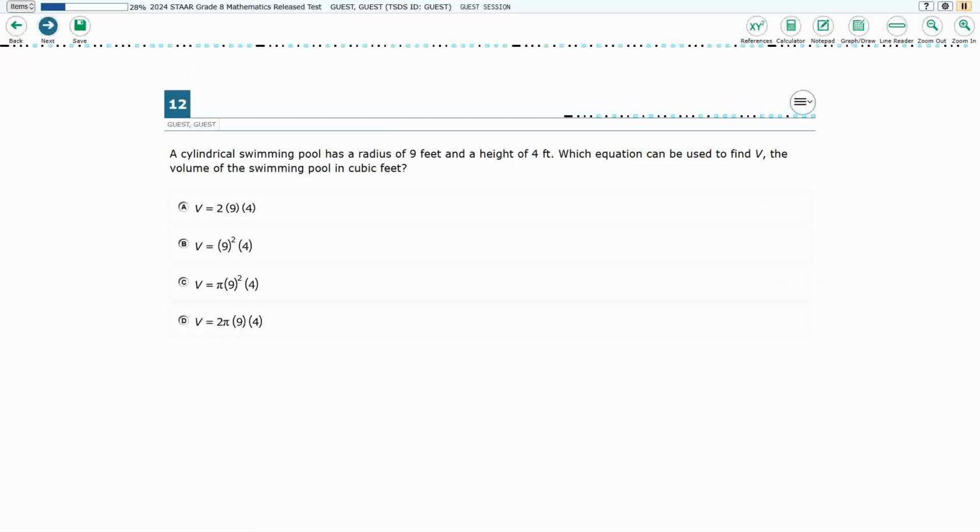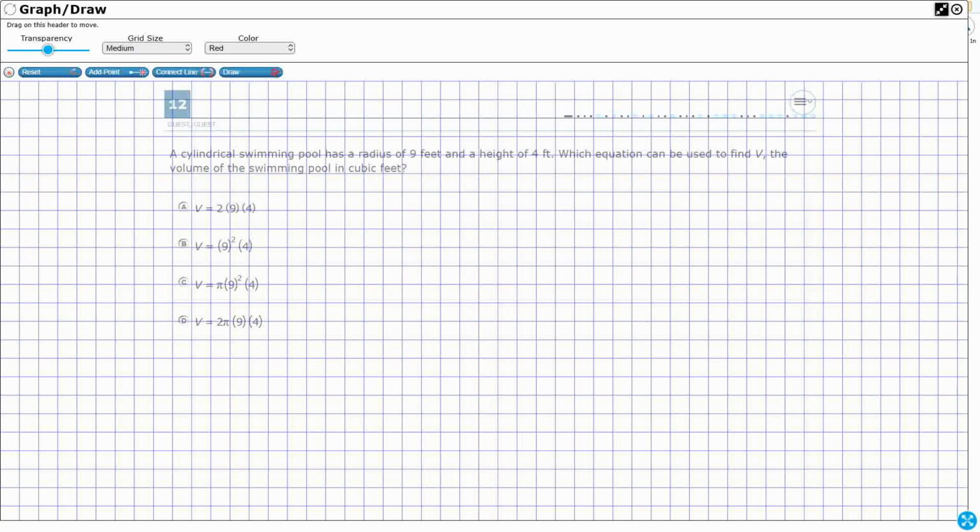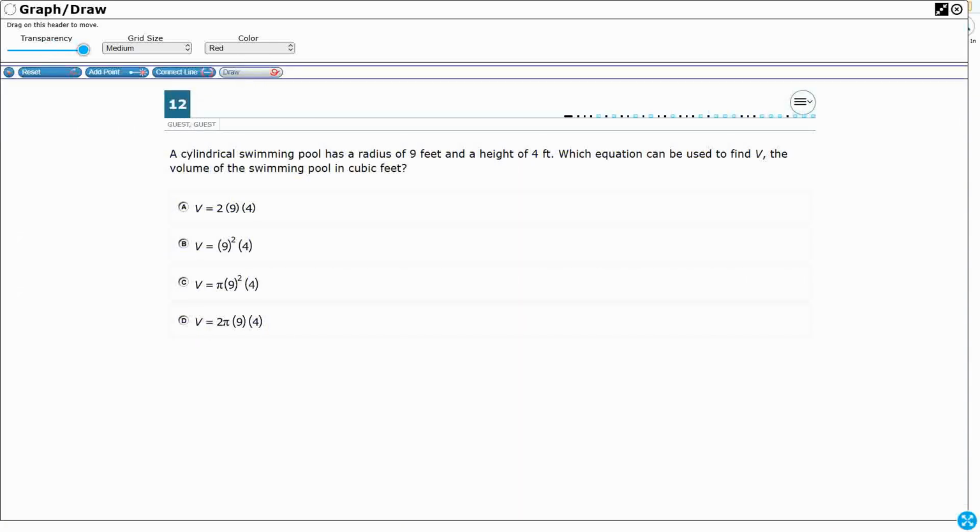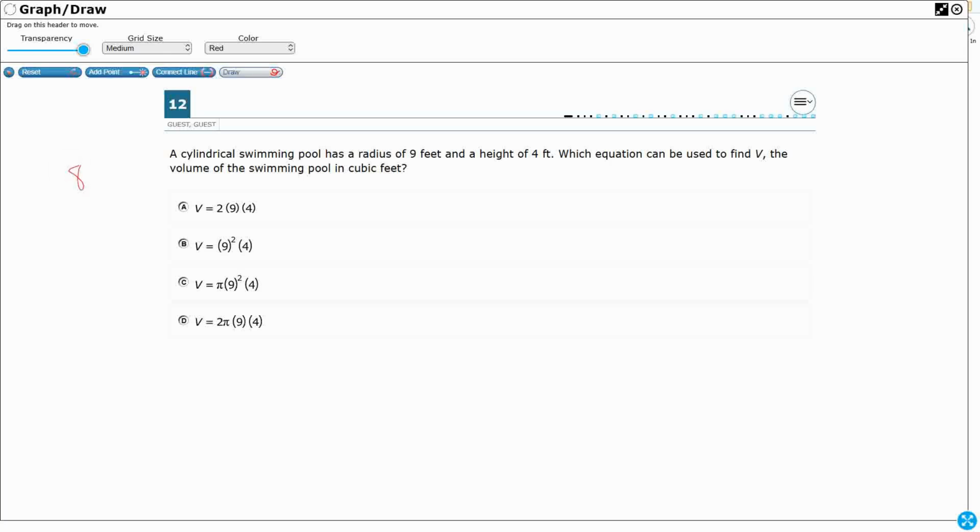For number 12, we are describing the volume of a cylinder. So you notice here that we are not even fully calculating. We are simply looking for a formula or an equation that can be used to find something. This is standard 8.6a. So we have a cylindrical swimming pool. All right, so I'm going to draw my swimming pool here.